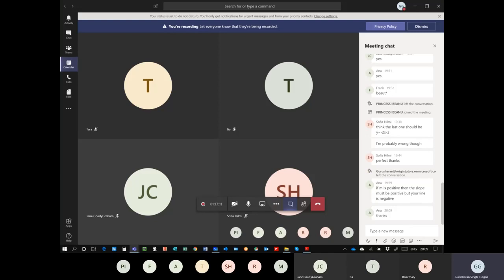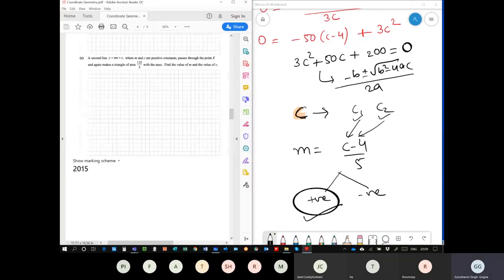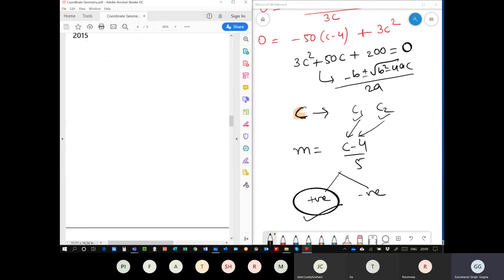Yes. Okay, so you need to follow the same process. Let's say you don't know whether m is positive or negative, or whether c is positive or negative. In that case, you will automatically get the right answer. You just ignore the other answer which is not valid.